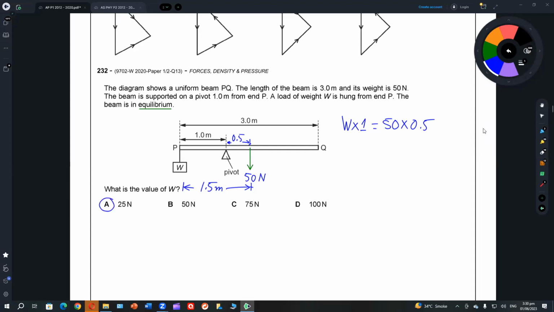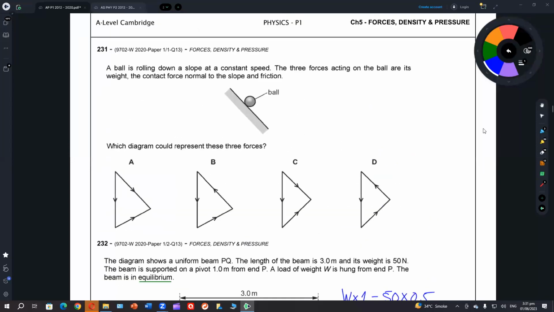It's too simple actually. In A level, it's interesting: if a question looks very simple, then people get confused that maybe this is wrong.